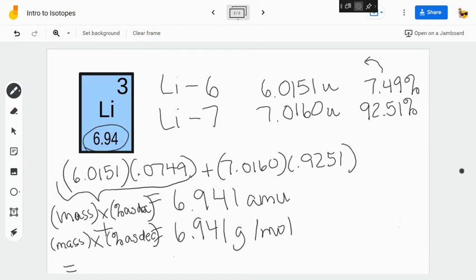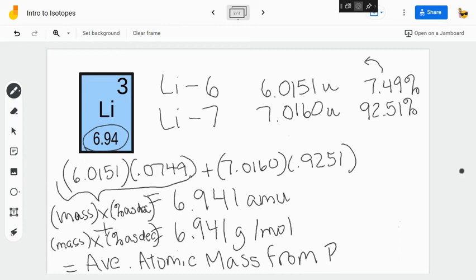And that's going to equal the average atomic mass, which is going to come straight from the periodic table. That's kind of a general formula. If you had 3 isotopes, you just add them all together. You have 4, you add them all together. Multiply the mass times the percent as a decimal of all of them. You add them together, and they should equal the number off the periodic table of the elements.